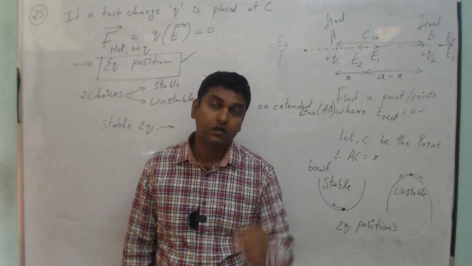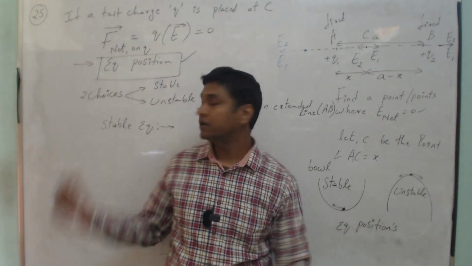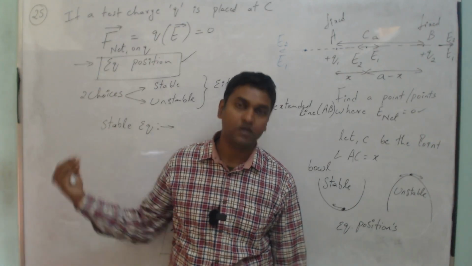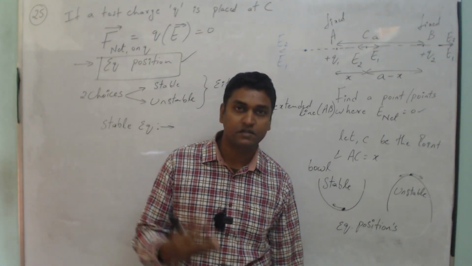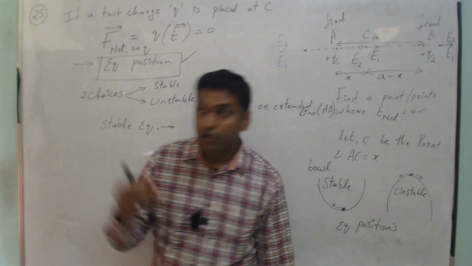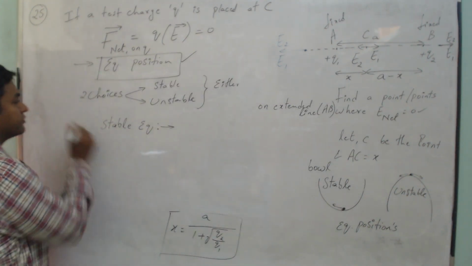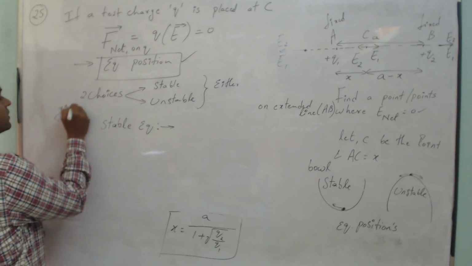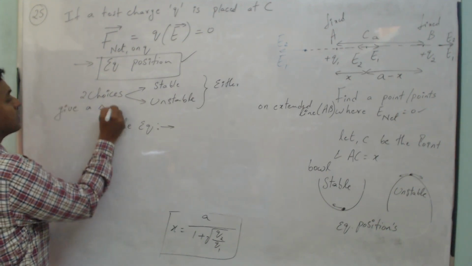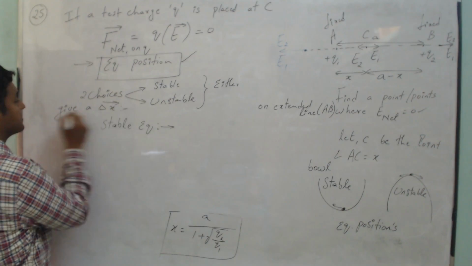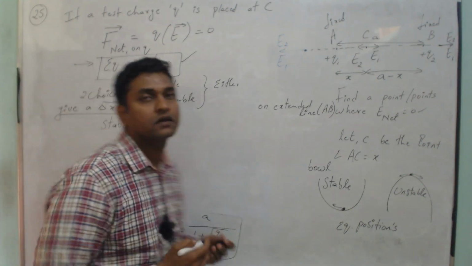Let me define mathematically what a stable equilibrium is and what an unstable equilibrium is. For both stable and unstable equilibrium, give a delta x. What is this delta x? Delta x is displacement.